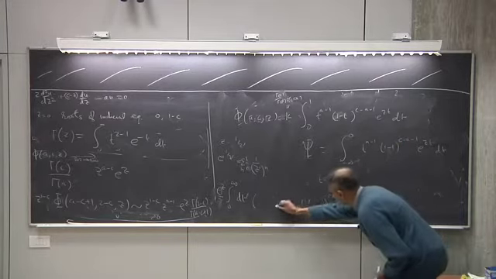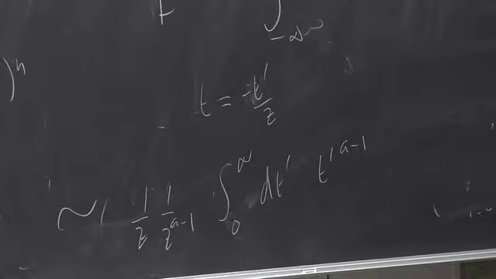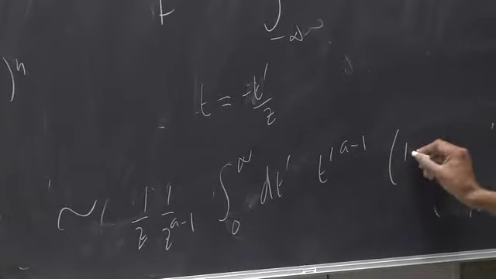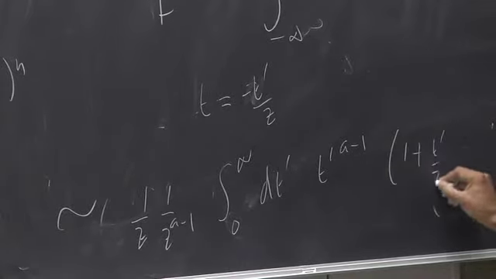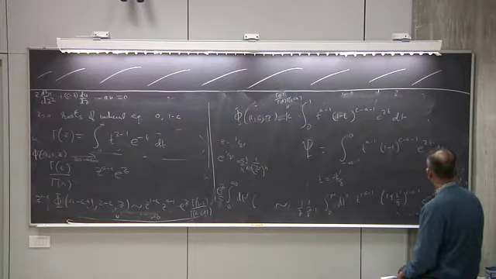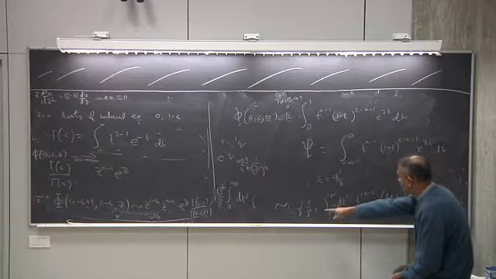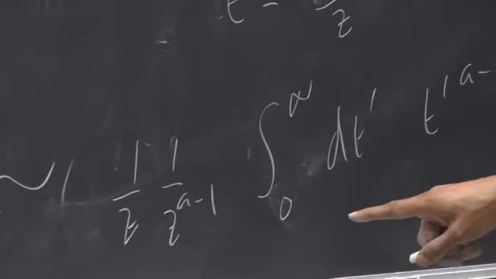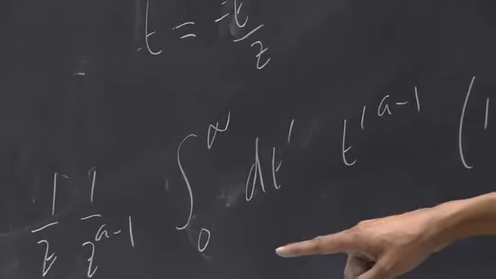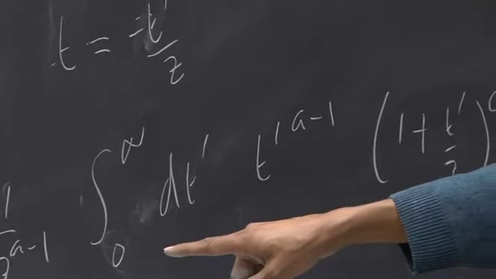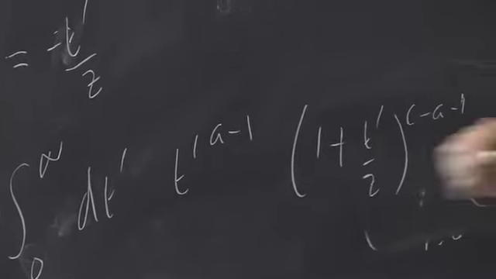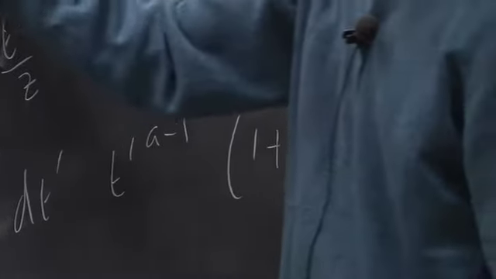And then here you get 1 plus t prime over z to the c minus a minus 1. And then here you just get e to the minus t prime. Now this one, you see, has no exponential growth at all. There is no exponential growth in z. So I can express psi this way.